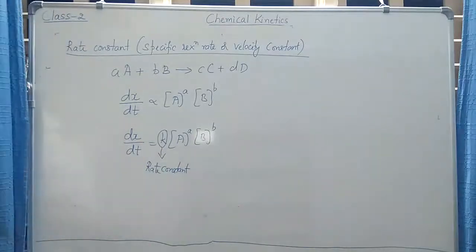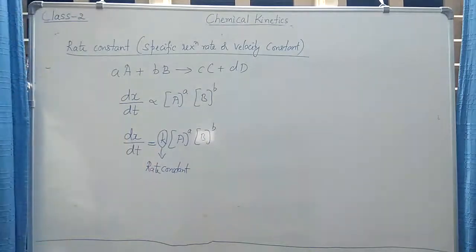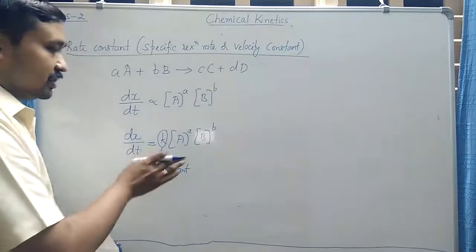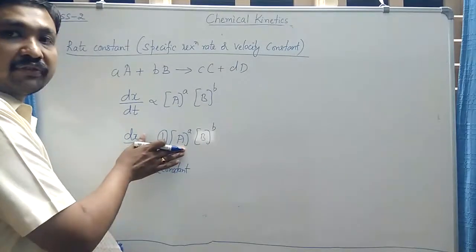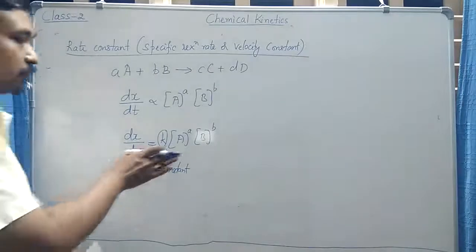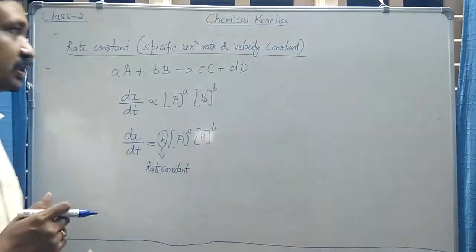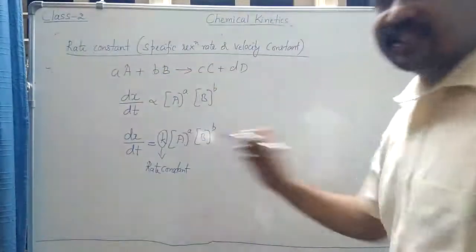Now let us define the rate constant. In order to define it, in this equation I will set the concentration of A as unity and the concentration of B also as unity, that is 1 mole per dm cube. What happens? Let us see.